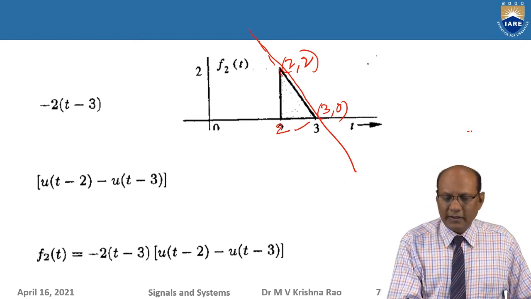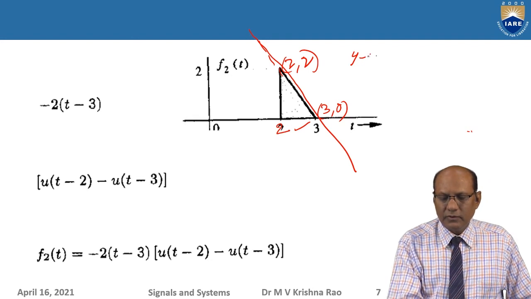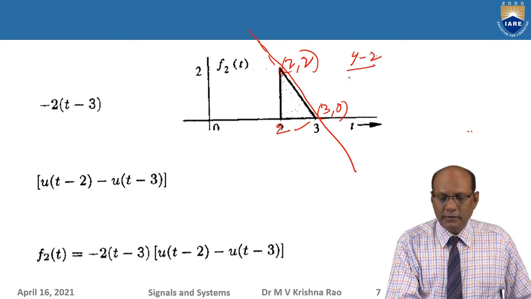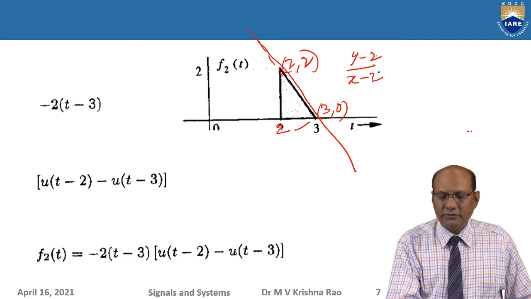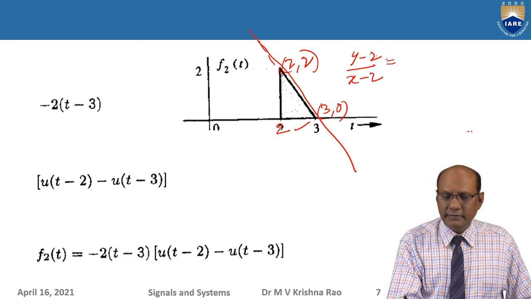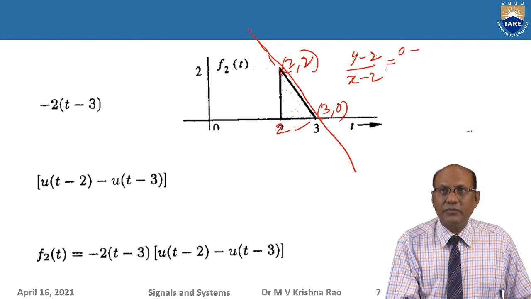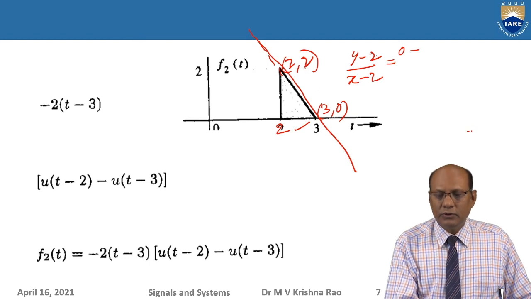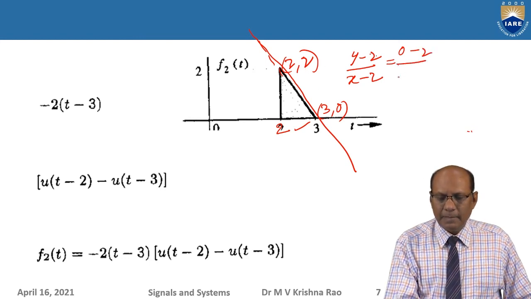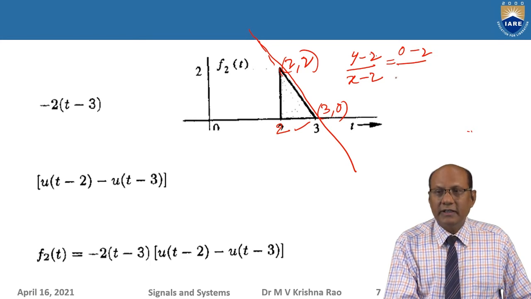Now I will write the equation here. y minus y1, what is y1? y1 is 2. Then x minus x1, that is x minus 2. Then y2 minus y1, what is y2 minus y1? 0 minus 2. Similarly, I have x2 minus x1, that is 3 minus 2.